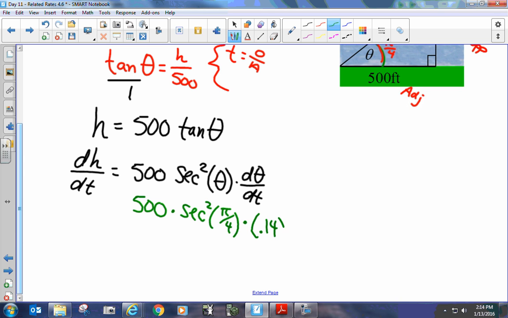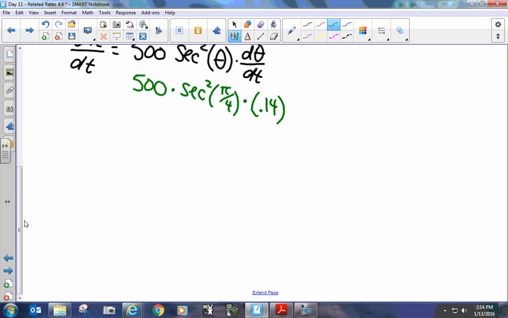0.14. They don't have a secant in the calculator, do they? It's 1 over cosine. So for the purpose of our calculator, as I write this, you guys want to type this out, it is 500 times 1 over the cosine of pi over 4.